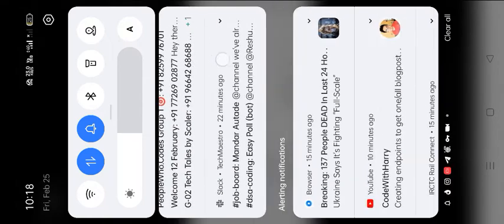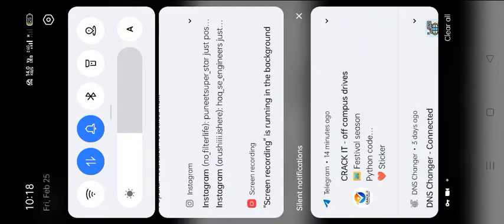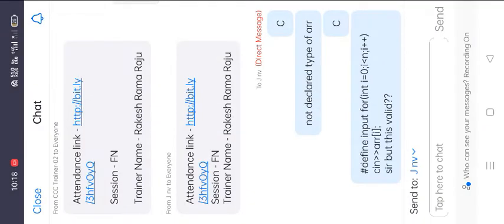Come on. Do it. Harsha, what is the doubt? Hash define input for I equals 0, I less than n, I plus plus, scanf in ARR of I. But is this valid?